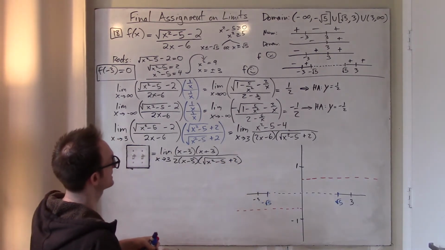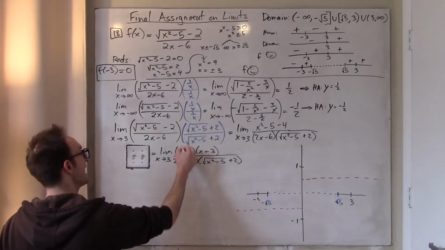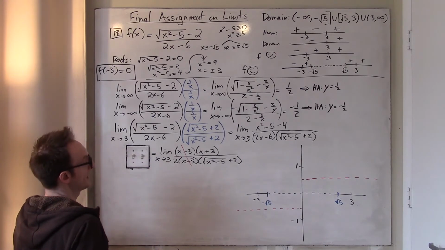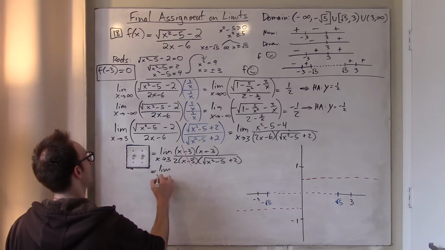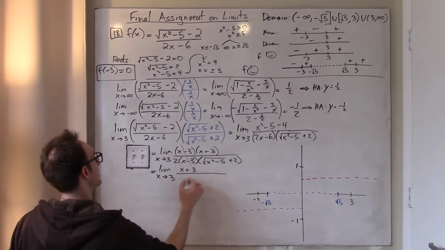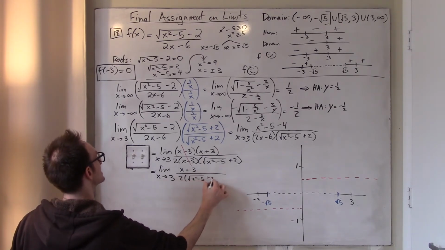And the x minus 3's cancel, and the thing is just now no longer indeterminate. And so maybe just writing it out one more time, this is therefore the limit as x approaches 3 of x plus 3 over 2 times root x squared minus 5 plus 2.